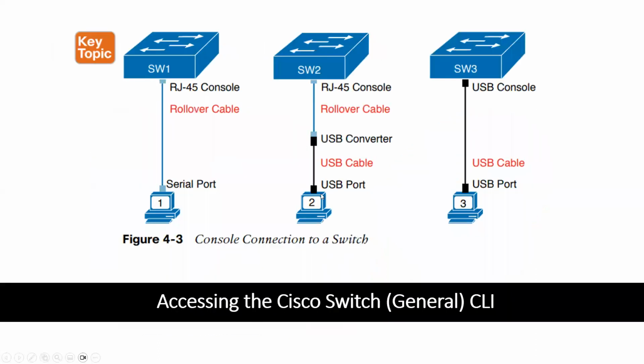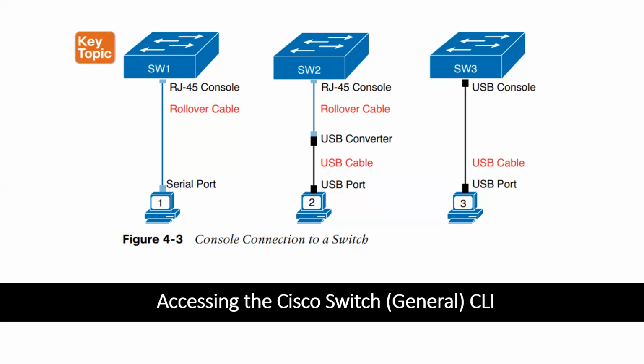So, different console connections. We have a rollover cable, serial port to RJ45. Just like Nick said, PCs don't have serial ports anymore, so that's way outdated. So we move to the USB cable, and this is where the rollover cable comes in.